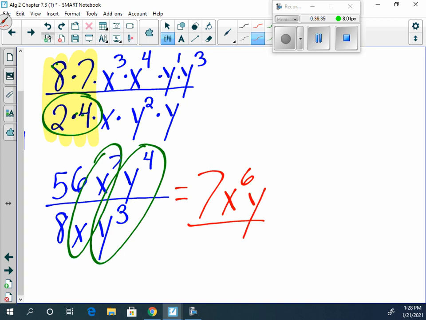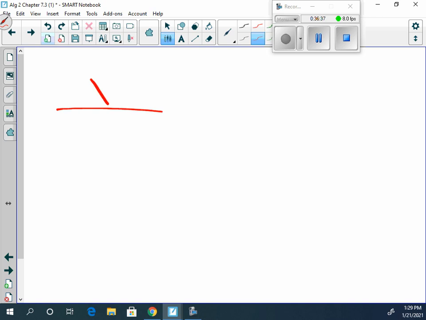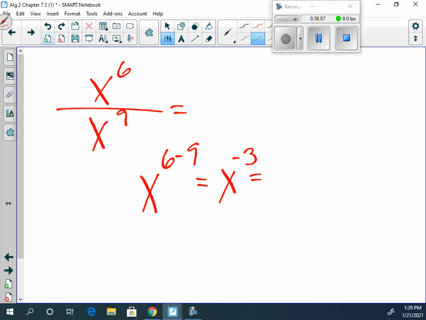Now the difference is let's just say x to the 6th and x to the 9th. So again, we're dividing, so we would subtract, yes? Now mathematically, the way they would say it is we would do x to the 6 minus 9. Well, 6 minus 9 is what? 3, and it would be negative. Now we can't leave it as a negative exponent.